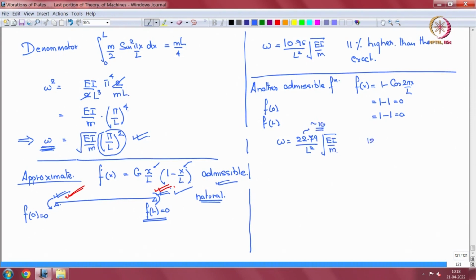This is about 120% higher. So if you substitute something incorrect yet admissible, then you will get a value of the natural frequency that is higher. So that's this example for a continuous system. For a continuous system, I have shown you a continuous beam as opposed to the lumped 2 degree of freedom system earlier.